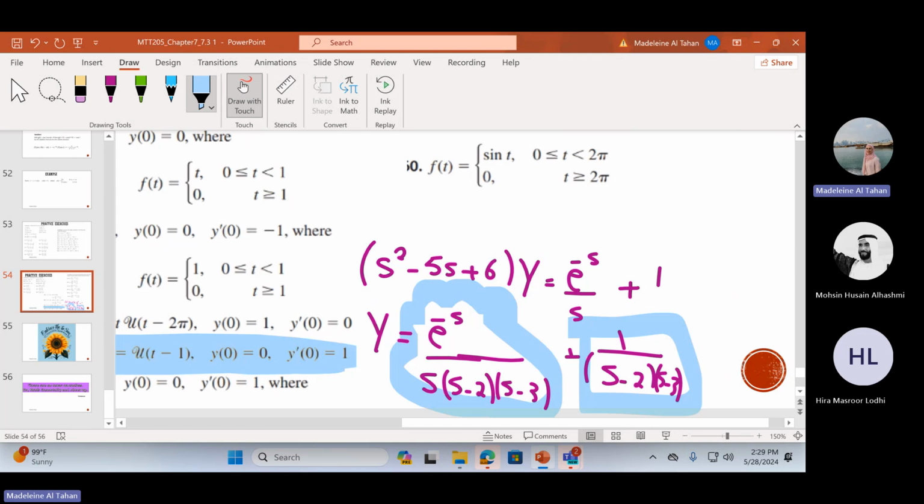1 over s minus 2 times s minus 3. What do we need to find for this F of s? f of t. How? Using partial fractions. So the answer that we will get, we will put f of t minus 1 and multiply it by u(t minus 1).